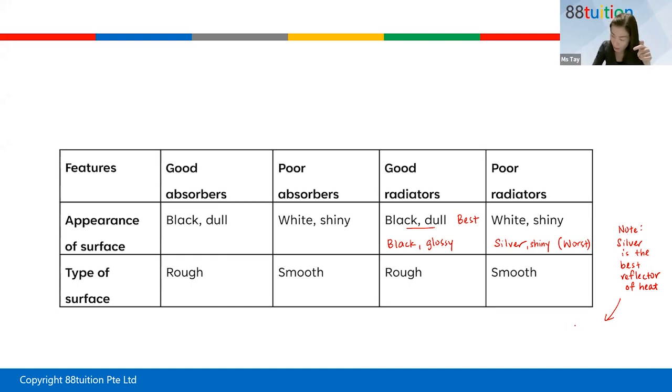Actually, its silver surface is pointing outwards, right? Because it's trying to reflect the heat from the sun. I think they call it the car sunshade, if I'm not wrong.